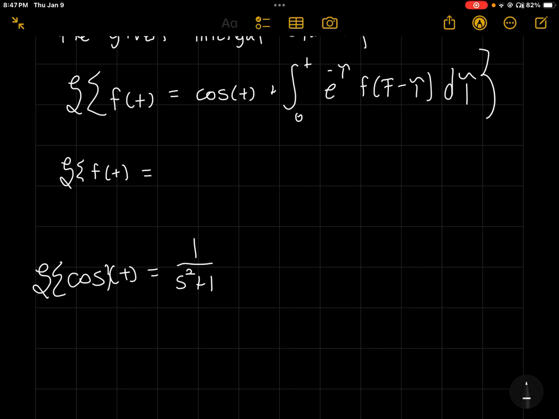We know that the integral is actually the convolution of the product of those two components, where it's the Laplace transformation of e to the negative tau times f of t.